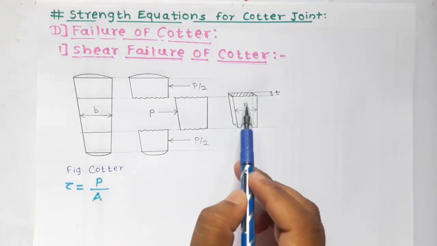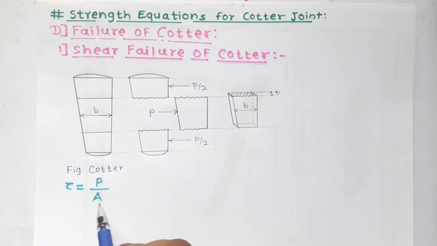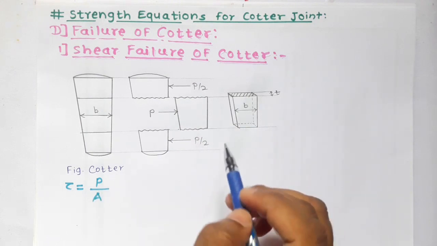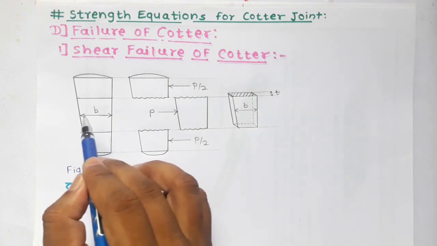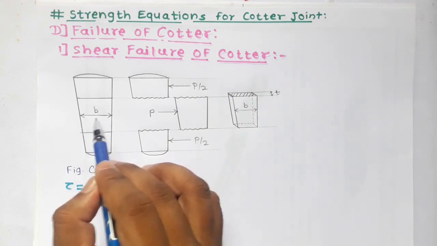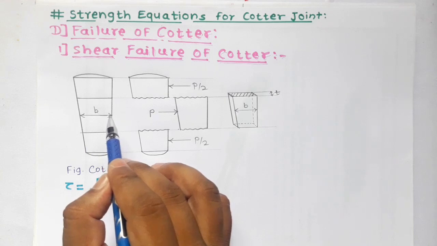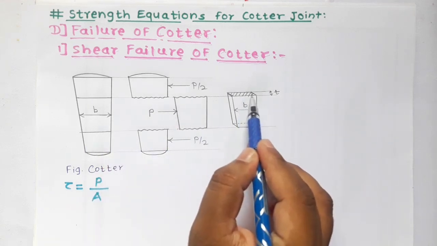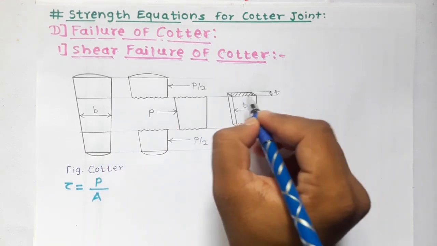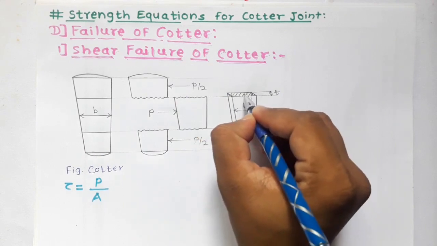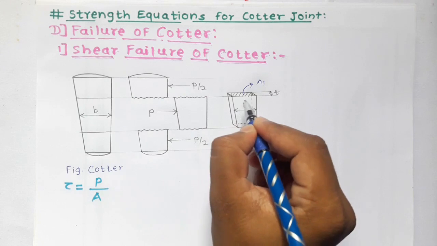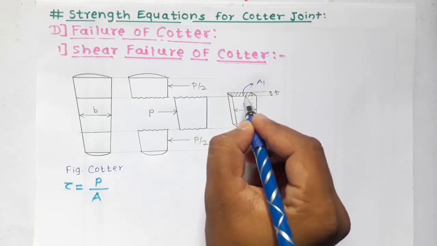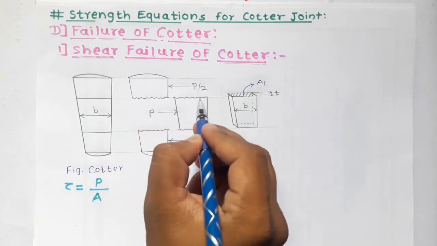Now let us consider this diagram to find out the area A which is subjected to shear stress. Here this is a tapered quarter having a width b, which is nothing but the mean width of quarter, and having thickness t. If you consider this rectangular area, that is the area A1. This area A1 is the area subjected to shear stress which corresponds to the first plane of failure.